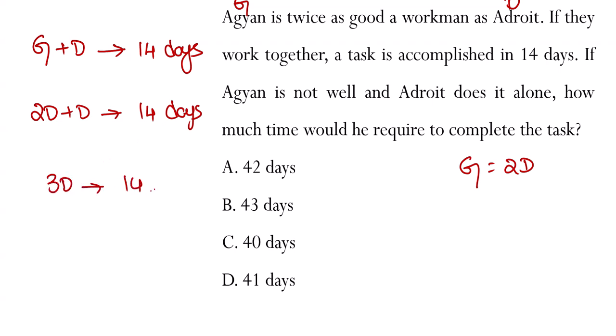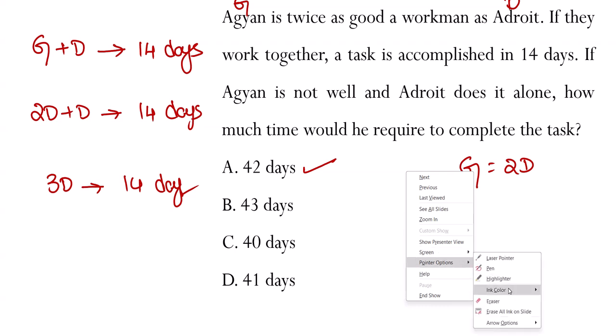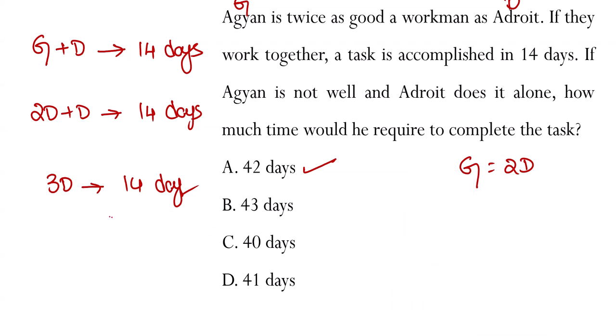See, 3Ds can do it in 14 days. 1D, the number of people is less. When the number of people is less, time taken will be more. So when it is divided by 3D, this should be into 3. Less people, more time taken. So 42 days. D alone can complete the work in 42 days.